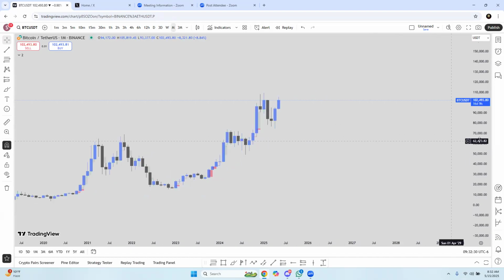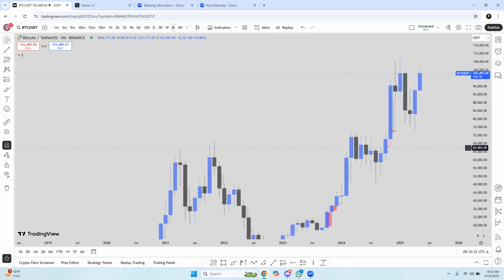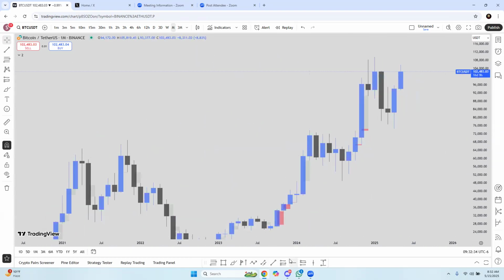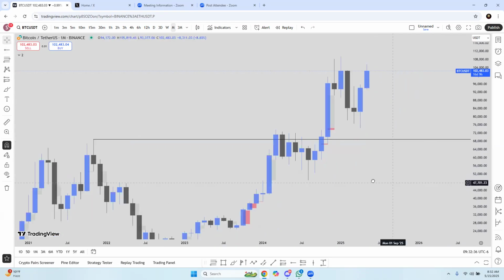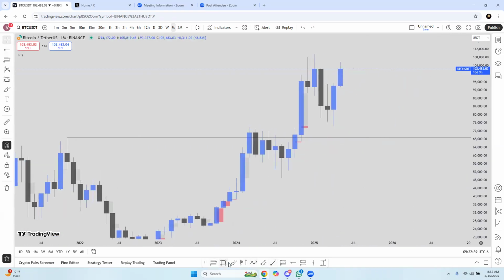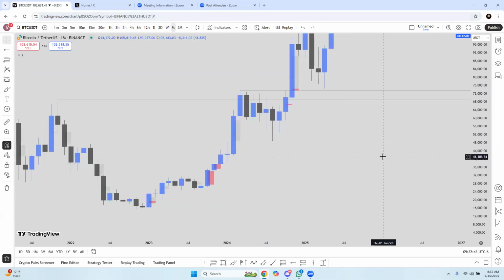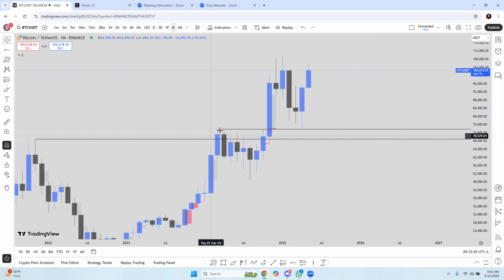Monthly, we had a few important levels to be marked. This is the previous analysis I have posted. This was the important level, and this one as well, because a higher high, higher low, higher high was created. So we were creating a higher low. The previous higher high was to be tested, but unfortunately it didn't, and it went up.